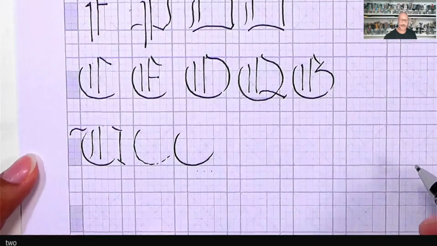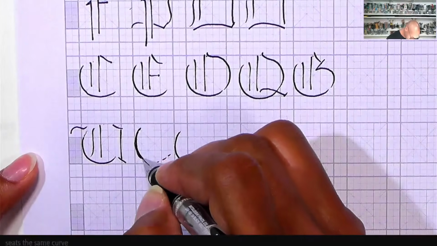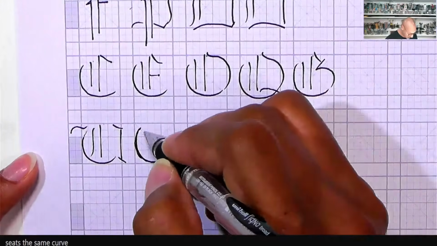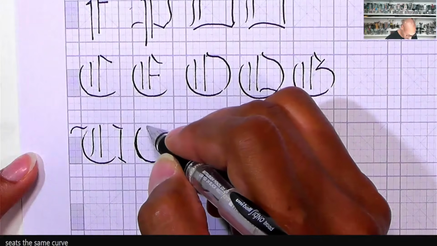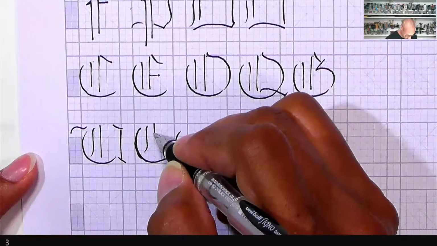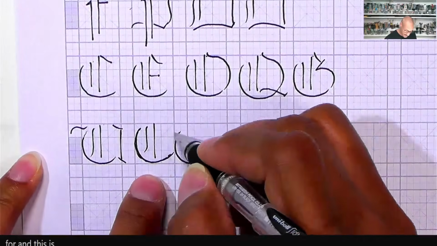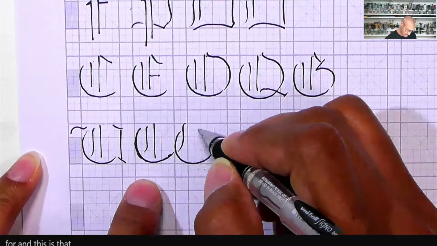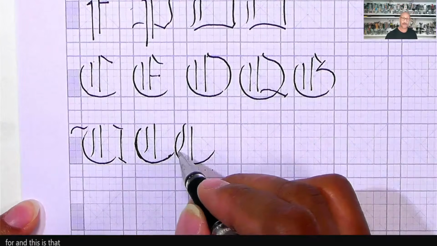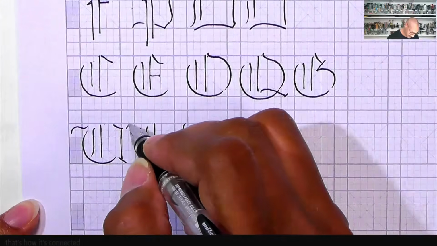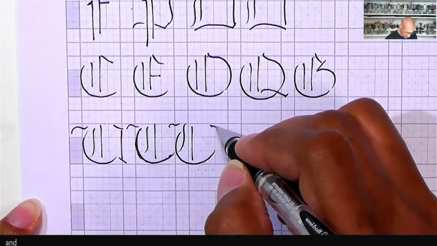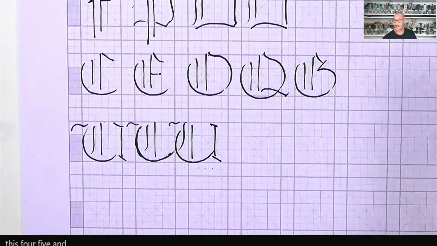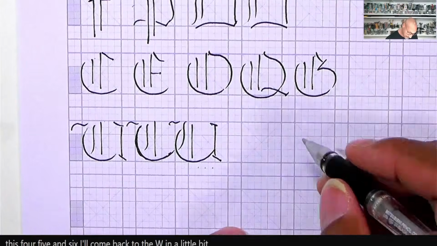See, it's the same curve. 3, 4, and this is that. That's how it's connected. And then we have this, 4, 5, and 6. I'll come back to the W in a little bit.